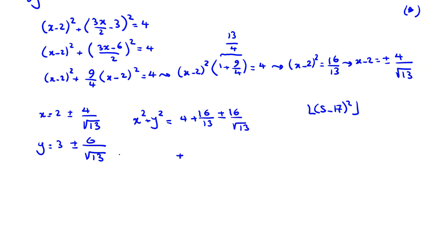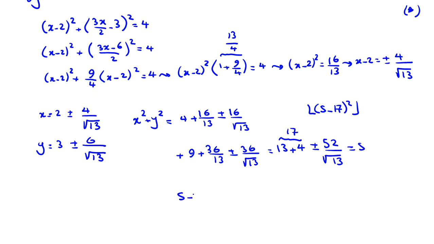The next one, y squared, will be 9 plus 36 over 13 plus or minus 2 times 3 times 6 over root 13, which is 36 over root 13. So 4 plus 9 is 13, 16 plus 36 is 52 over 13, which is 4, and plus or minus 52 over root 13. It is 17, so it is s.